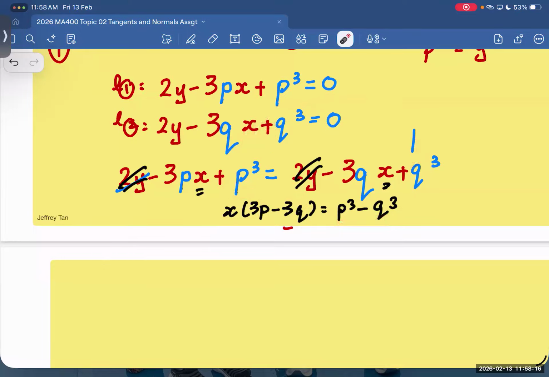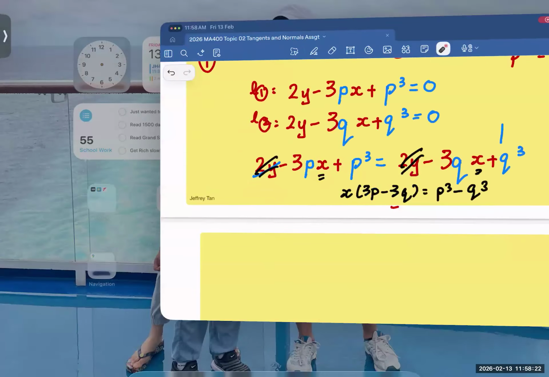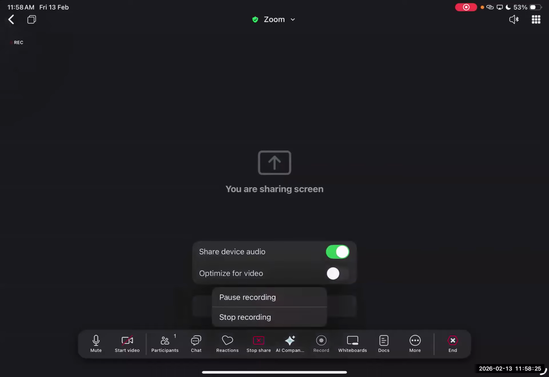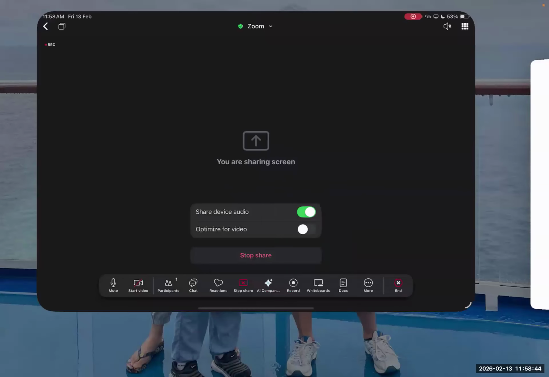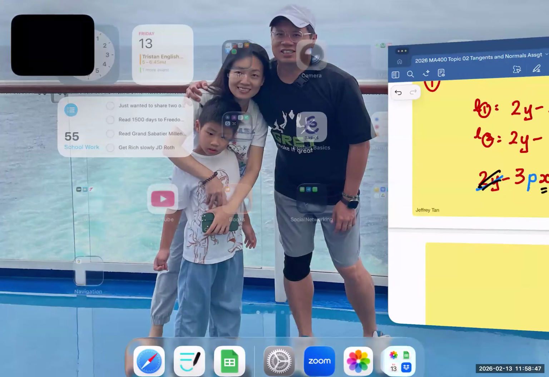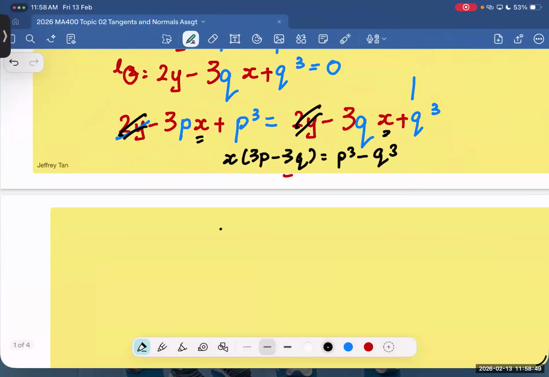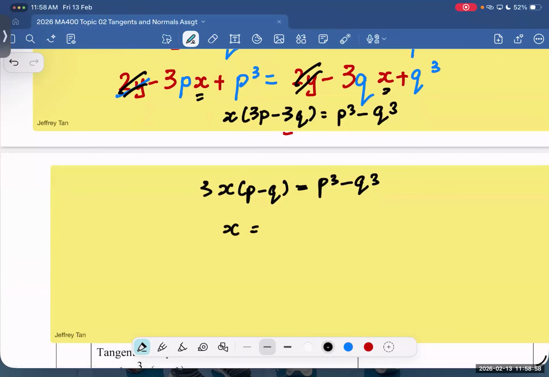After this part, what comes into the picture, you will be happy to hear, is factorization of cubes. Next, can I say that 3x times (p minus q) is p cubed minus q cubed? And therefore x is p cubed minus q cubed divided by 3(p minus q).